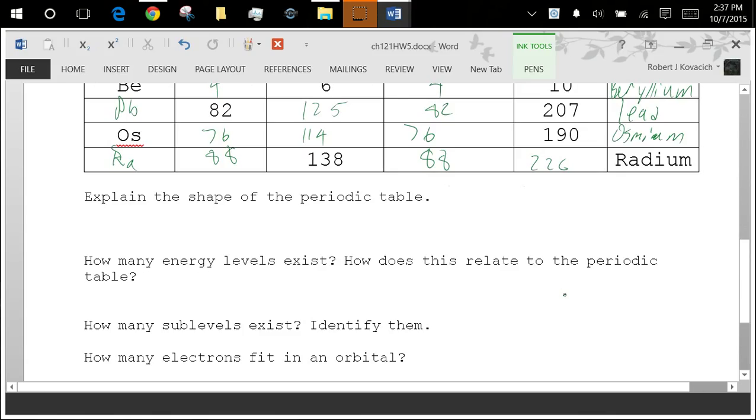So what's the shape of the table based off of? The way that certain elements react with others. Okay.